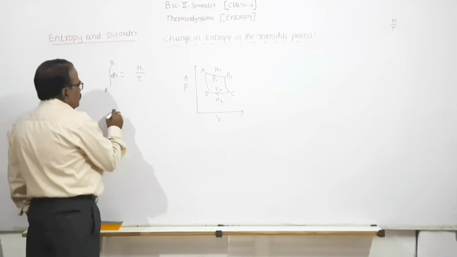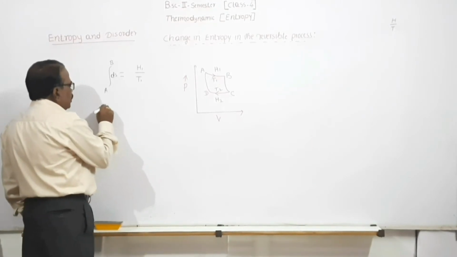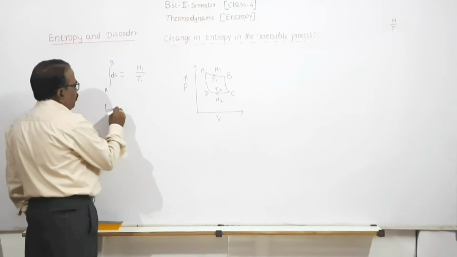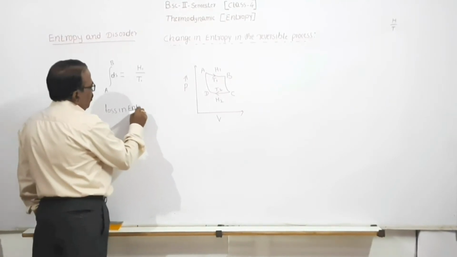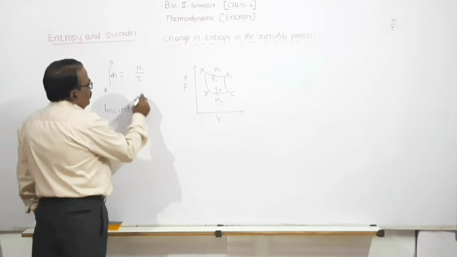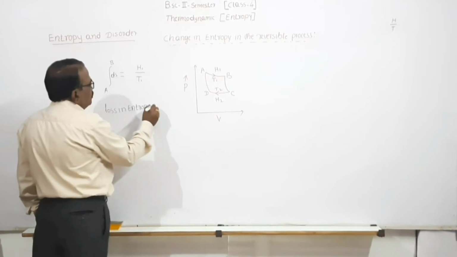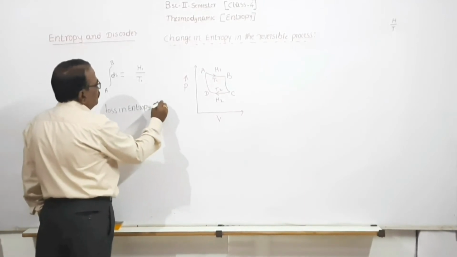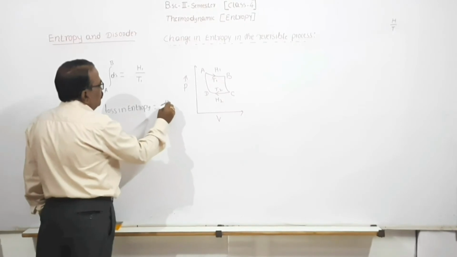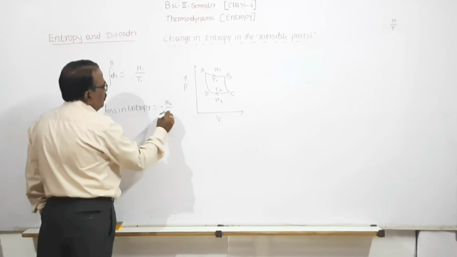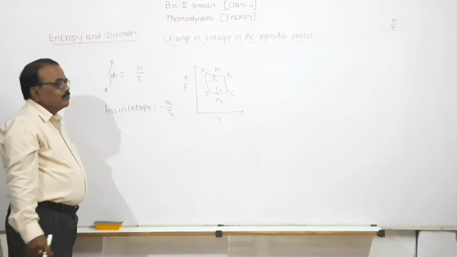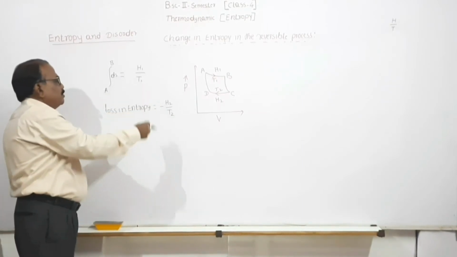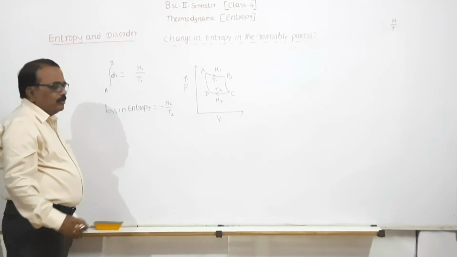So this is gain in entropy, and this loss in entropy is minus H2 upon T2.